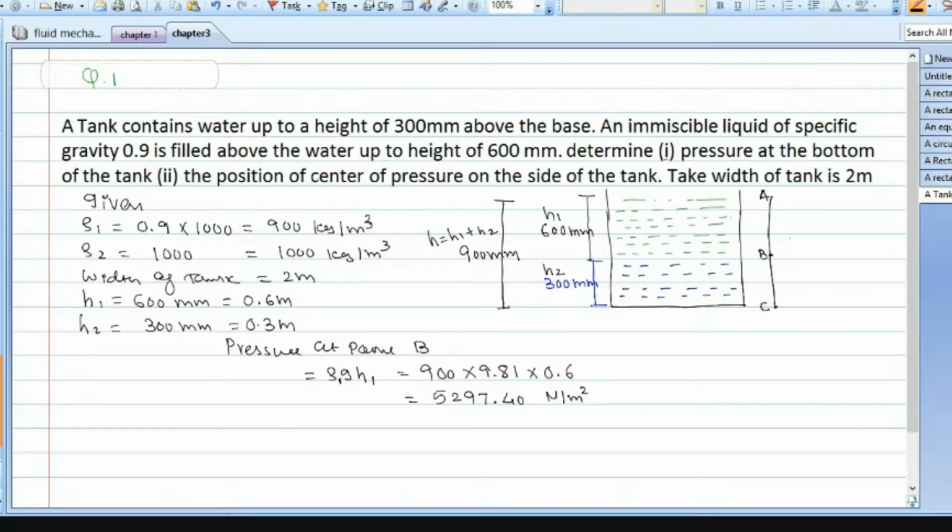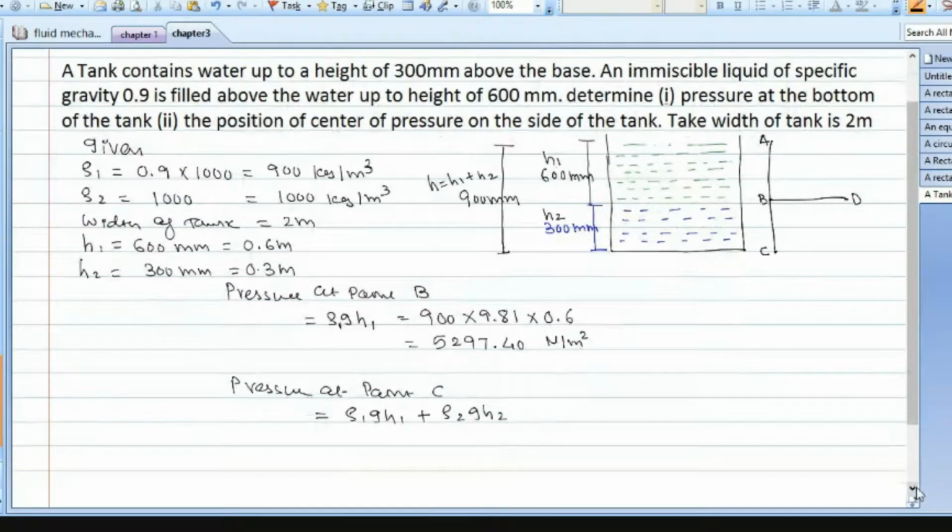Here first we locate this using the diagram. We have this point, let's say I'm giving this point as D, or B dash. Now we calculate the pressure at point C, or the bottom. Pressure at point C equals rho 1 G H1, the pressure of first liquid, plus rho 2 G H2 for the second liquid.